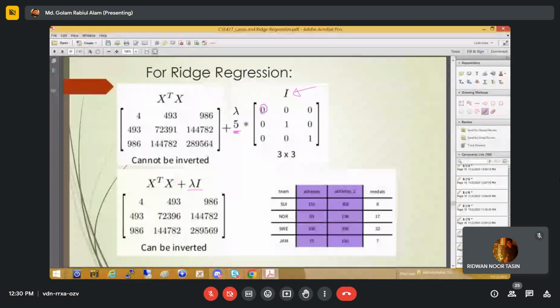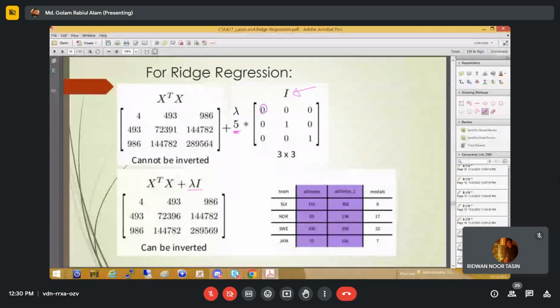Because beta 0 is there, and we don't want to penalize this beta 0.